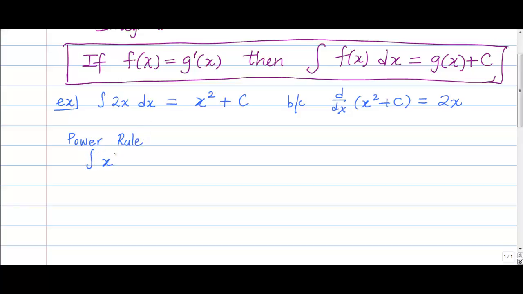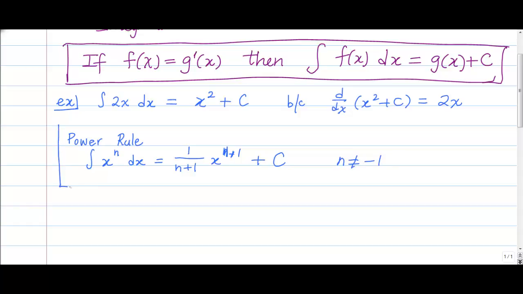If I want to take the integral of some variable to the nth power, dx, that's 1 over n plus 1, x to the n plus 1, plus c. Where n cannot equal negative 1.